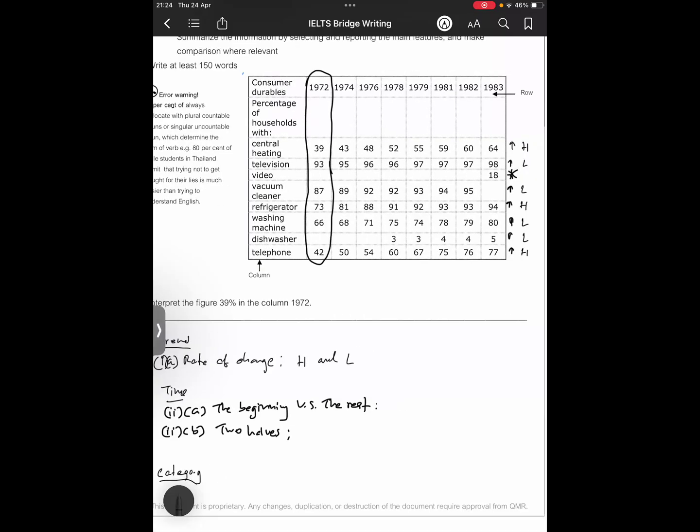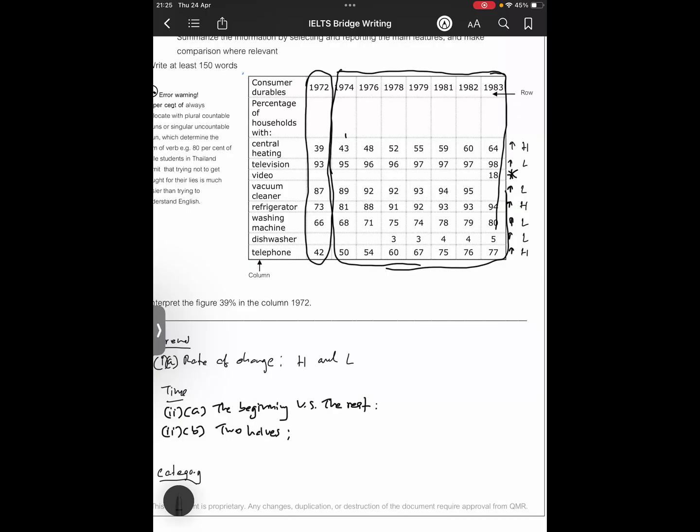But then for this following section, you're going to describe change that took place from 1974 to the end. Okay, so for example, if you look at television, what has been said about television in the previous paragraph would be some things like television had the highest percentage of owners.